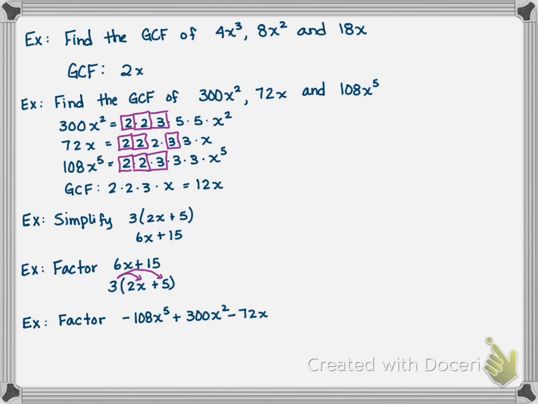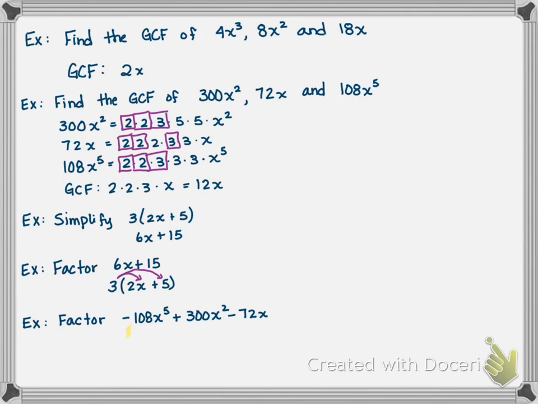Notice that my first term is negative. In general, when you factor out a GCF, the sign your GCF should have is the sign of the first term. When we factor out a GCF, we always want to end up with a polynomial that has a positive leading coefficient.